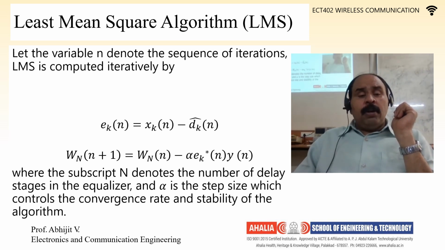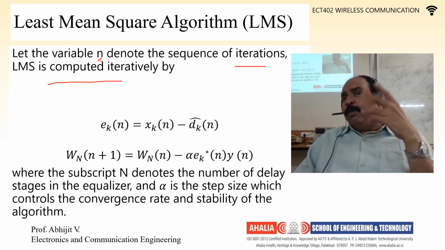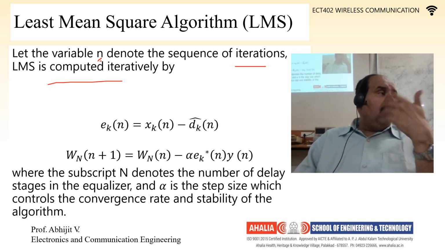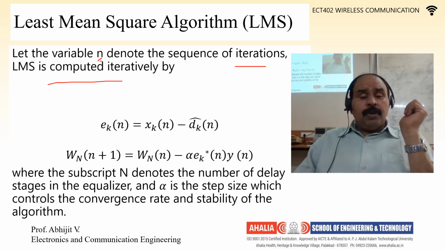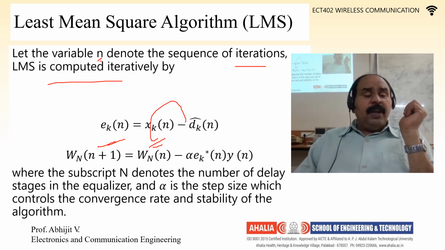Let n denote the sequence of iterations that LMS is going to compute, n number of times. These are the steps it has to repeat till we get the optimal value of J opt. So e_k of n is given by x_k of n, already defined.